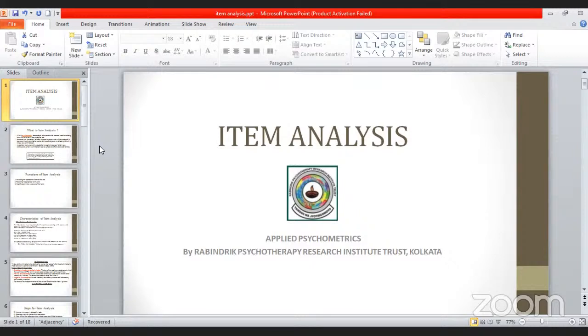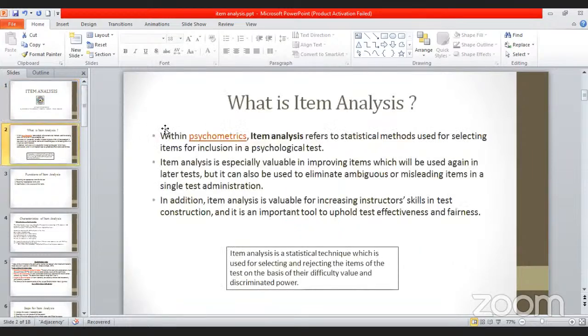Anyone? So item analysis is a statistical technique which is used for selecting and rejecting the items of the test on the basis of the difficulty value and discriminative power. You have studied it.